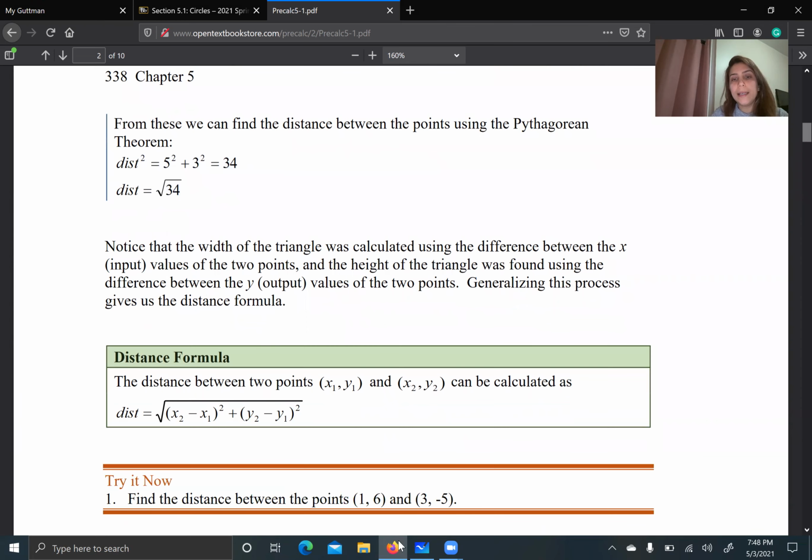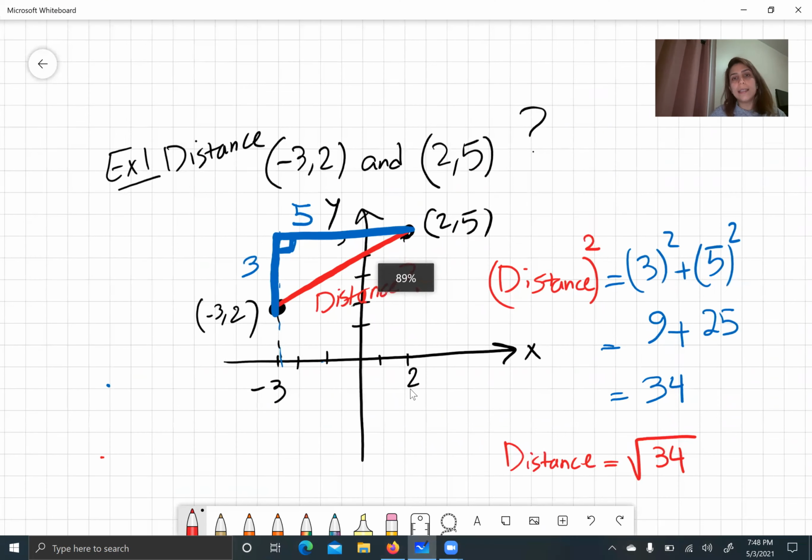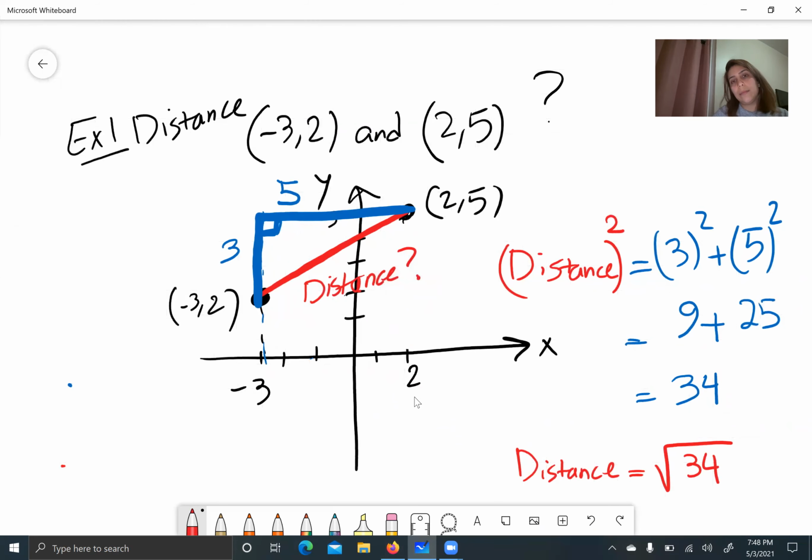The reason we did this example is to come up with a formula for the distance between any 2 points. Look at what we did in this question. In order to derive the distance, we took the square root of 3 squared plus 5 squared. So what are 3 and 5?